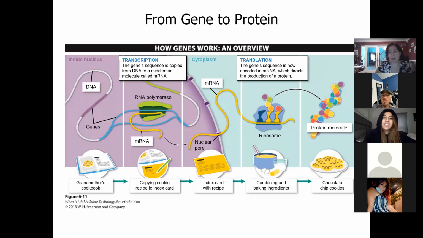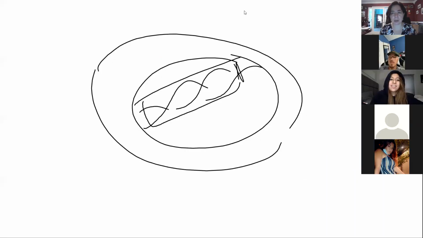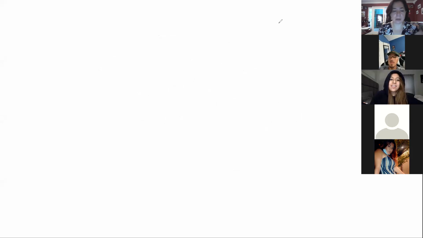Okay, and this is pretty much the whole story of today's class. So I'll summarize it for you, and then we'll take a look step by step. So from gene to protein. From gene to protein, it's sometimes called the central dogma in molecular biology.